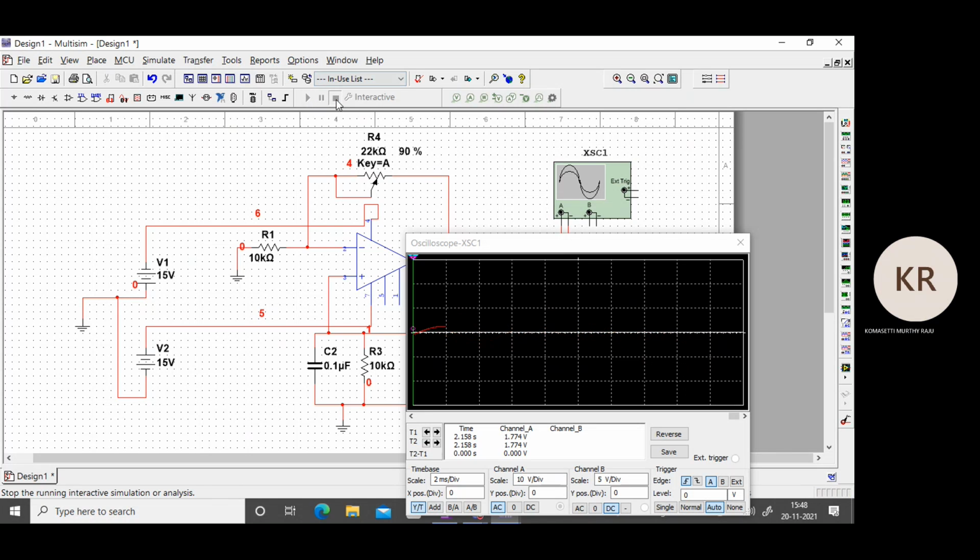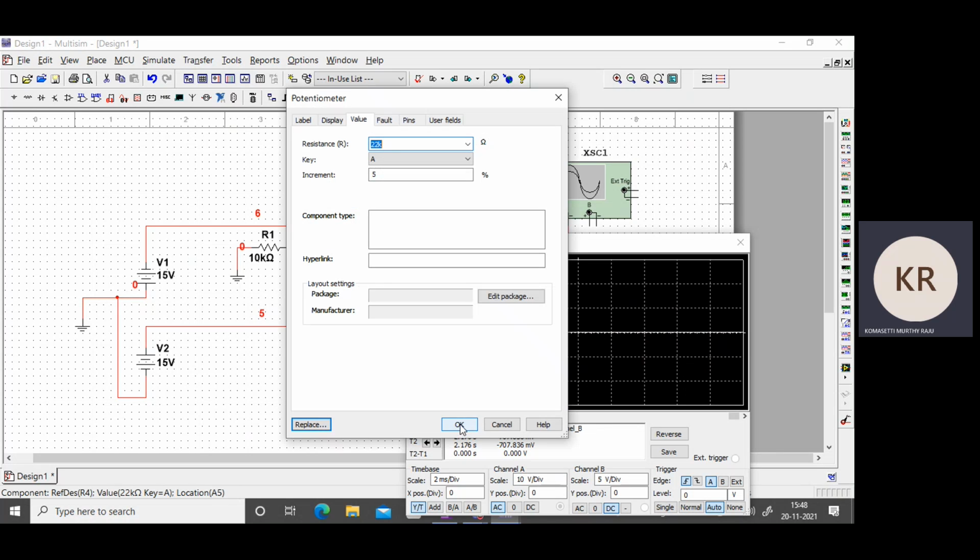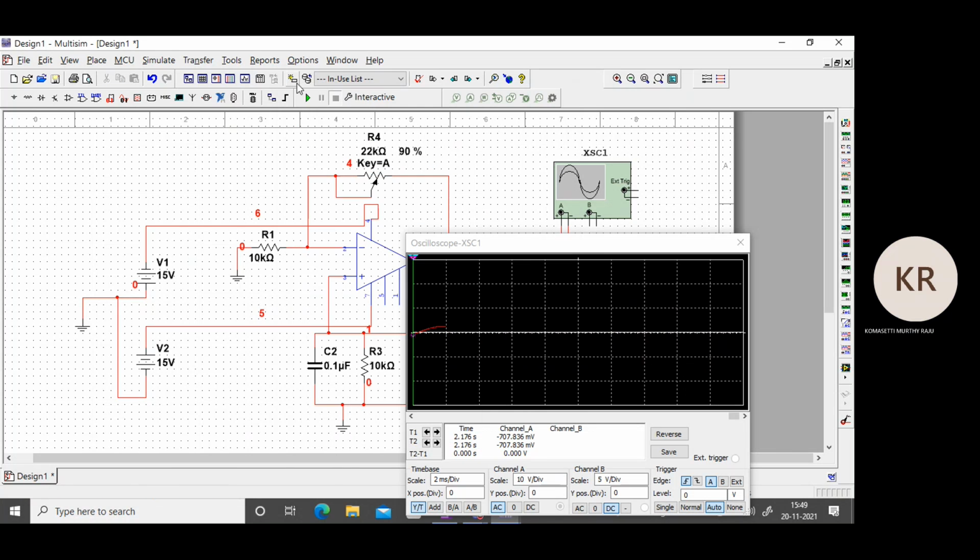Okay. Here, click on this one. Increment percentage is 5%. Instead of 5%, we use 1%. Click on that one.